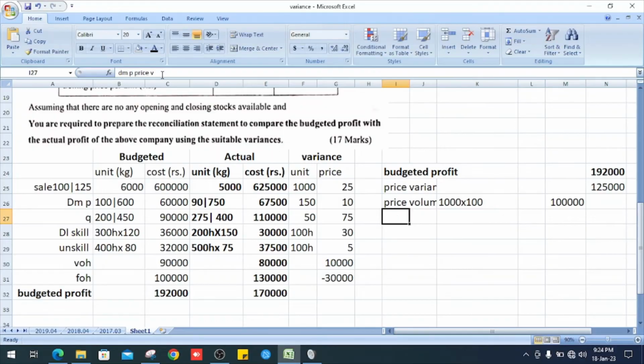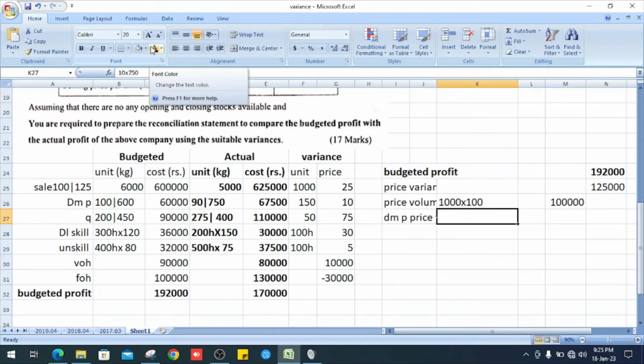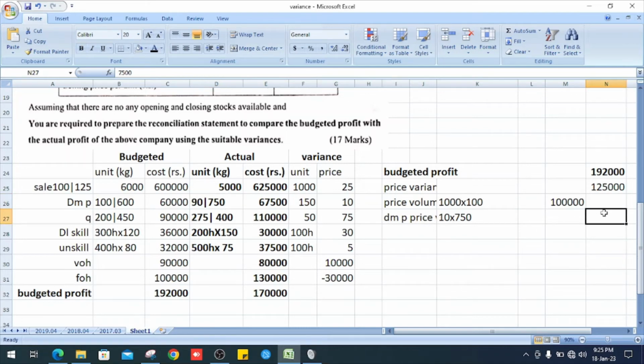Next, the direct material P price variance is 10 into our actual units 750, which is 7,500.